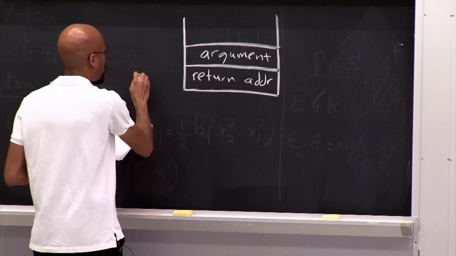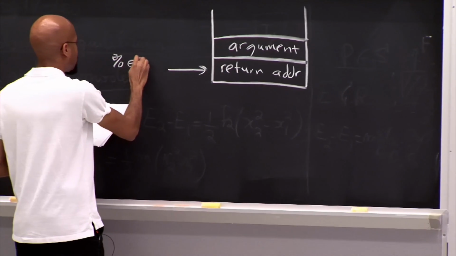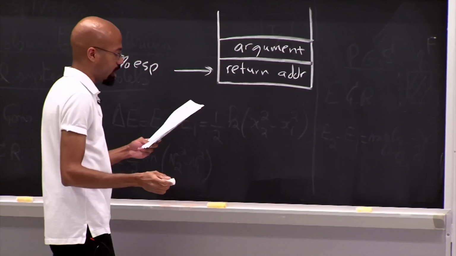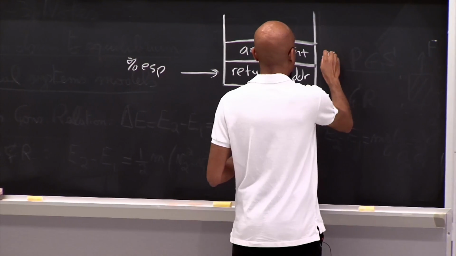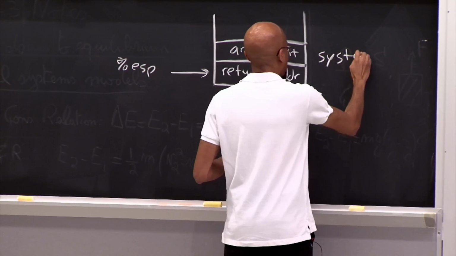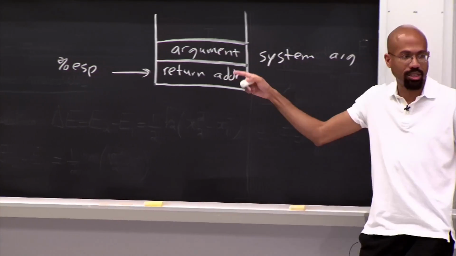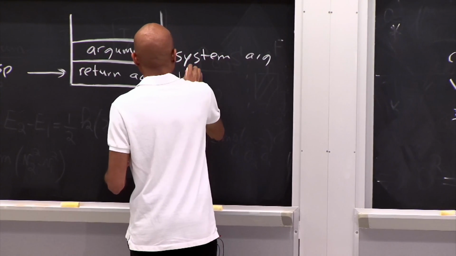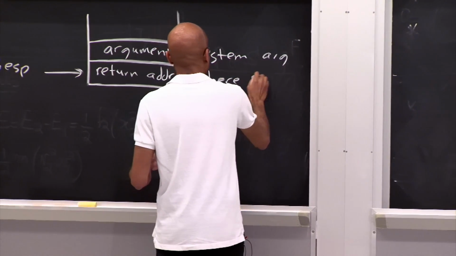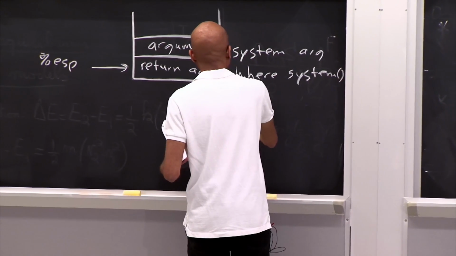Right, so basically we're going to fake what system would expect to be on the stack, like right before it actually executes its code. So up here we have the argument to system. This is the string that we actually want to execute, and then down here this is where system should return to when it's done.